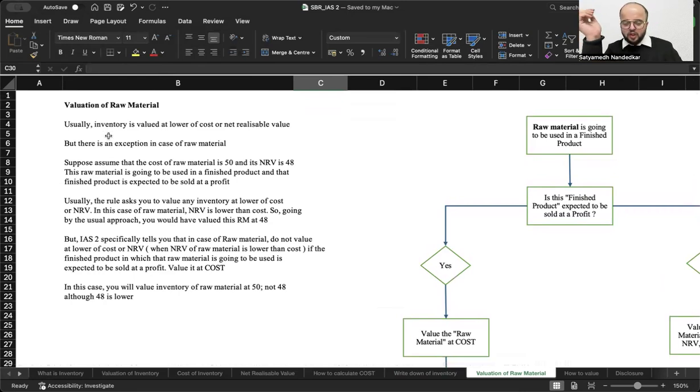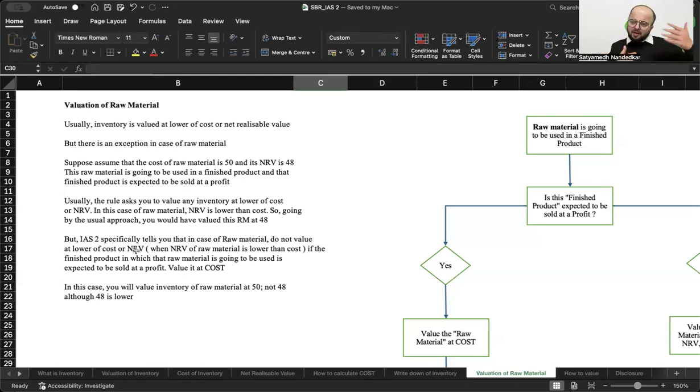The rule for valuation is lower of cost or net realizable value. There is an exception in case of raw material. Please pay attention to what I am saying. Suppose, assume that the cost of raw material is 50 and the net realizable value is 48. This raw material is going to be used in a finished product, and that finished product is expected to be sold at a profit.